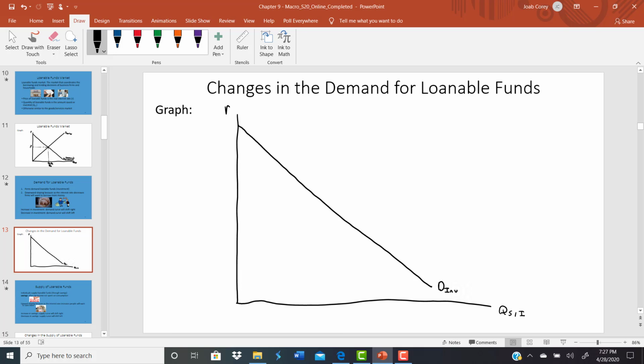So at a 10% interest rate, your quantity of investment that you're trying to borrow is probably going to be somewhat lower, maybe $10,000, than it would be if the interest rate was, say, 5%.